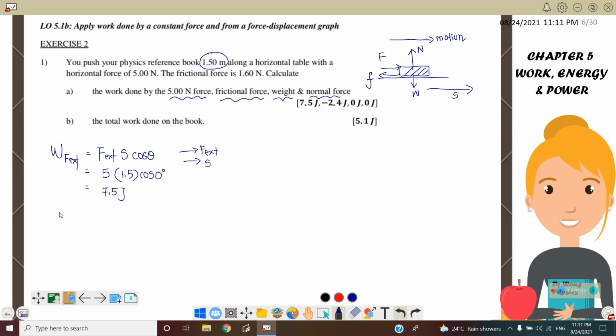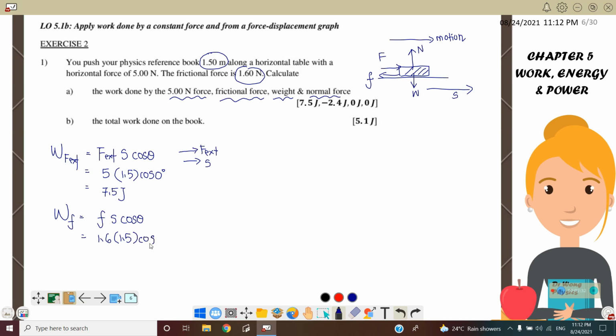Next we go to frictional force. So the work done by frictional force, of course here we must substitute frictional force times displacement times cos theta. It's given that the frictional force is 1.6, so we substitute 1.6. Displacement is equal to 1.5.